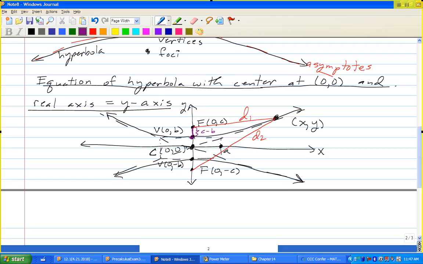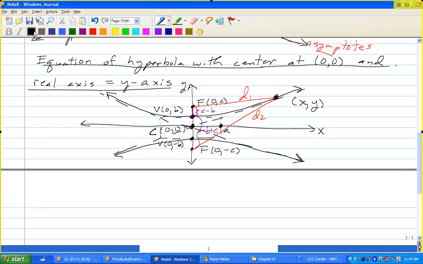And then this distance to the other focus is going to be b plus c. And so we have to have that these differences of distances are the same.